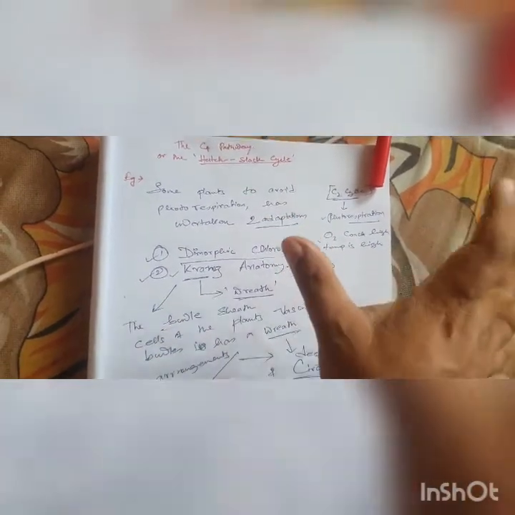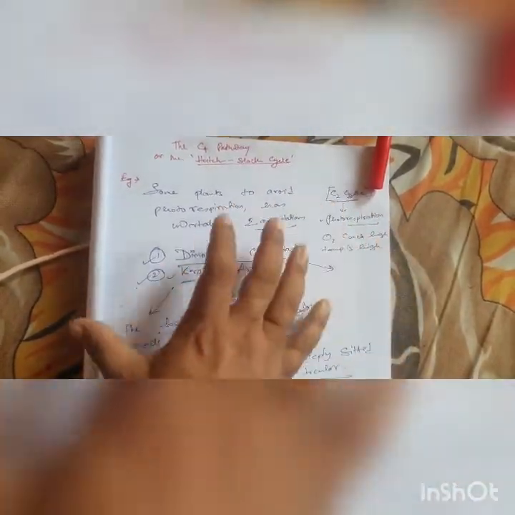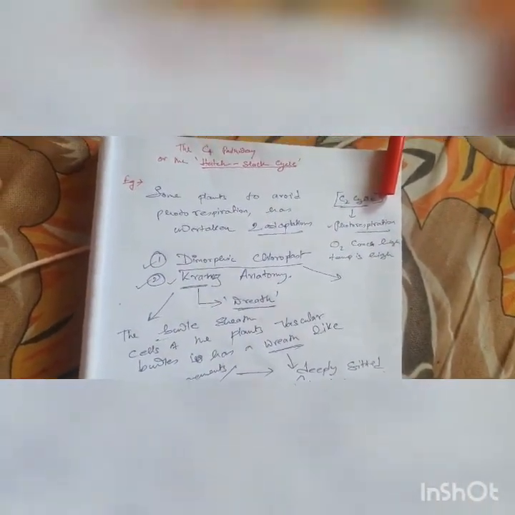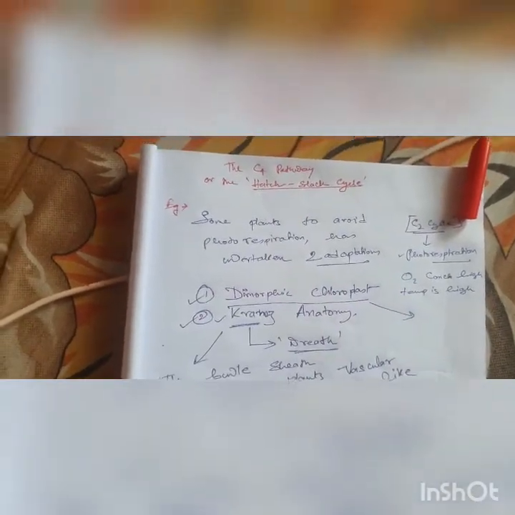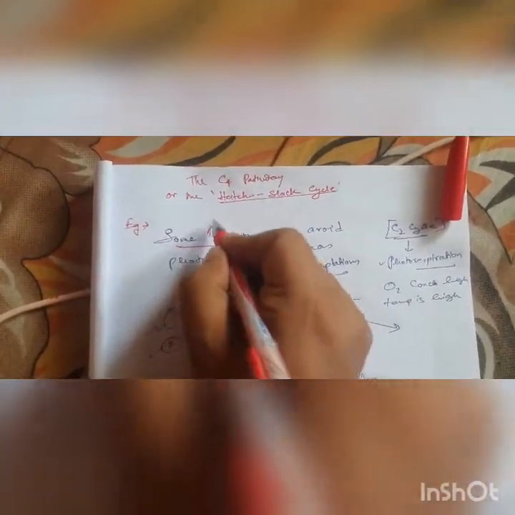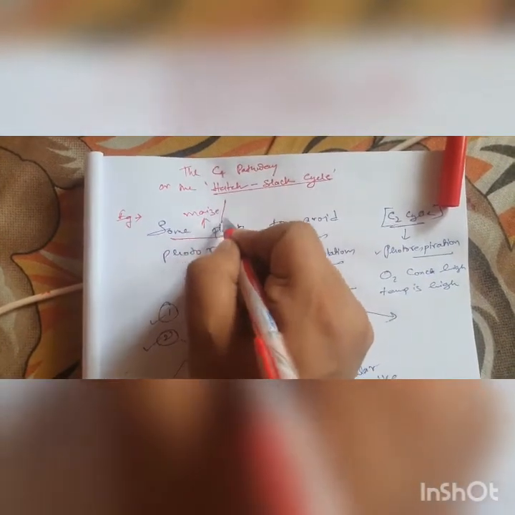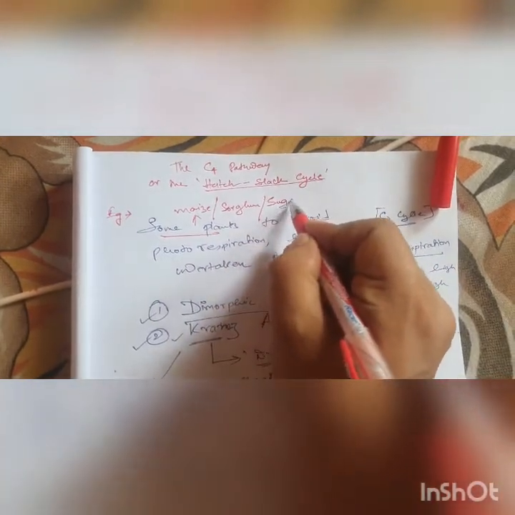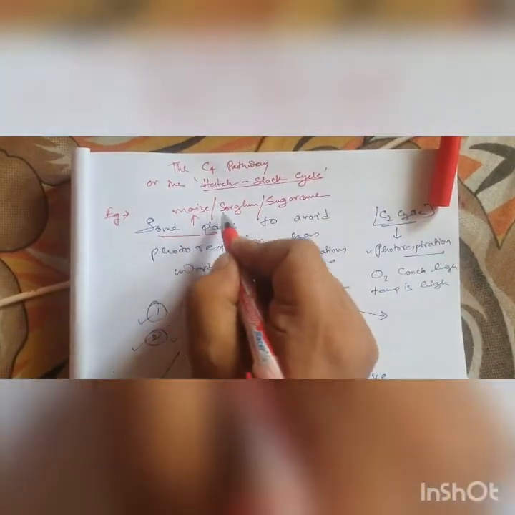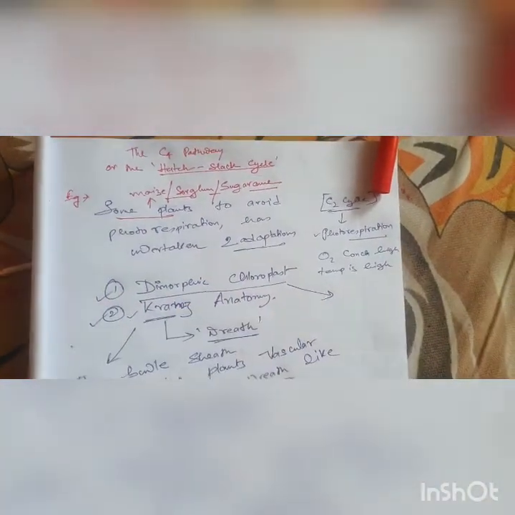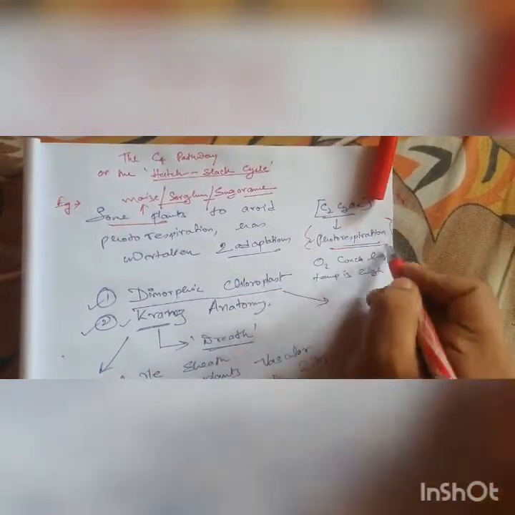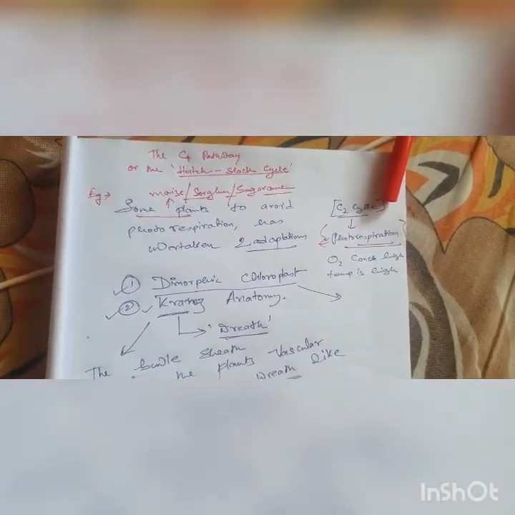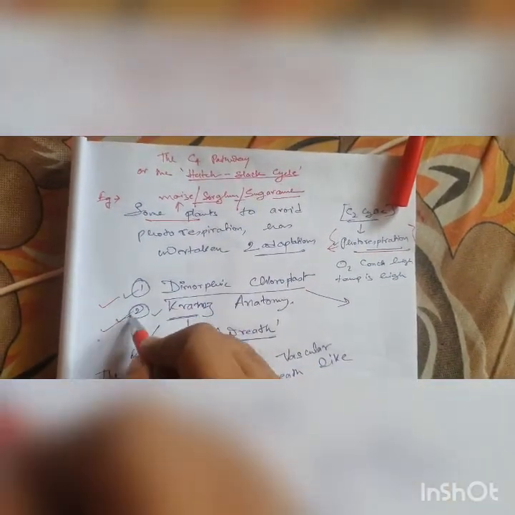They don't want to lose oxygen due to photorespiration, so some plants like maize, sorghum, sugar cane try to save themselves from photorespiration, and when they do, they undergo these two adaptations.